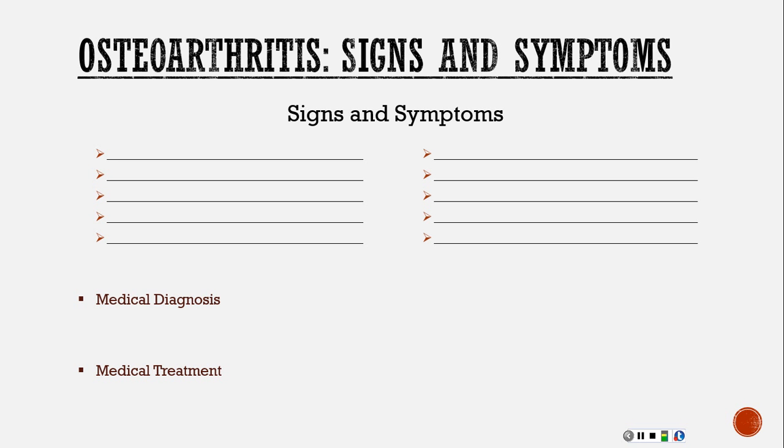Next, you've got compression of the spine, seen with radiating pain, stiffness, and muscle spasms. So those are the signs, the things you'll see with osteoarthritis.